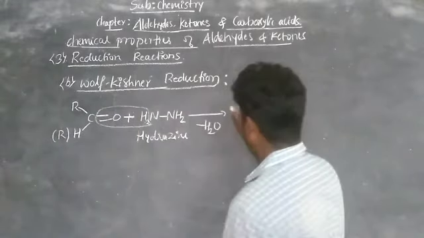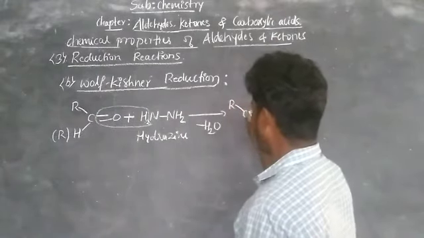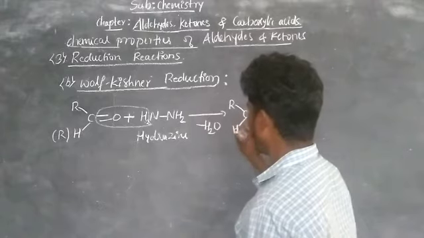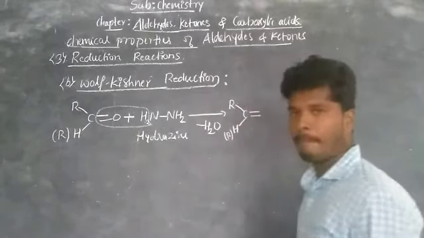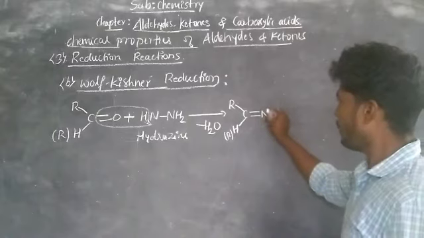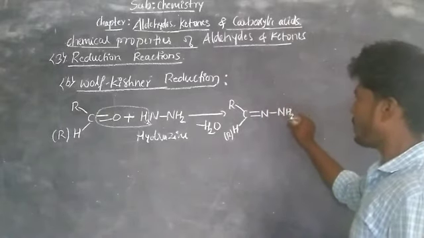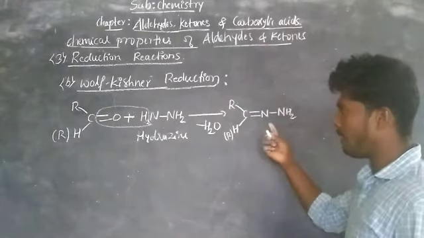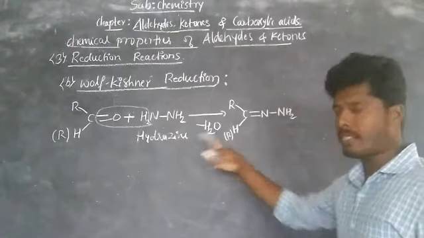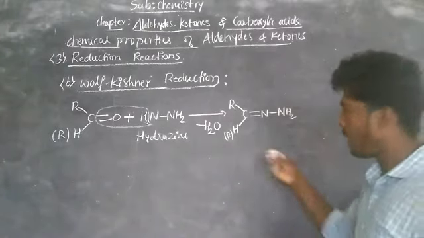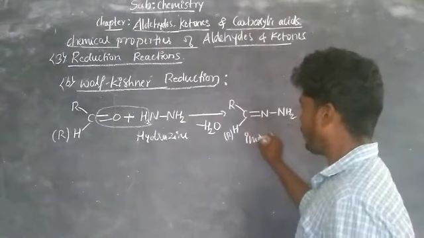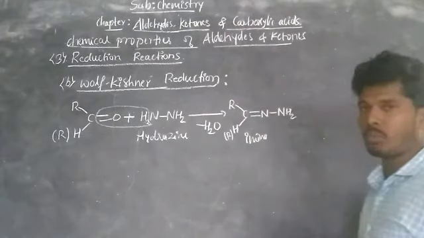Remaining is R, C double bond N, then N bond NH2. So this is called what? Imine, generally we call it. But this is hydrazine, so we call it hydrazone also. Either you call it imine or hydrazone, your wish.